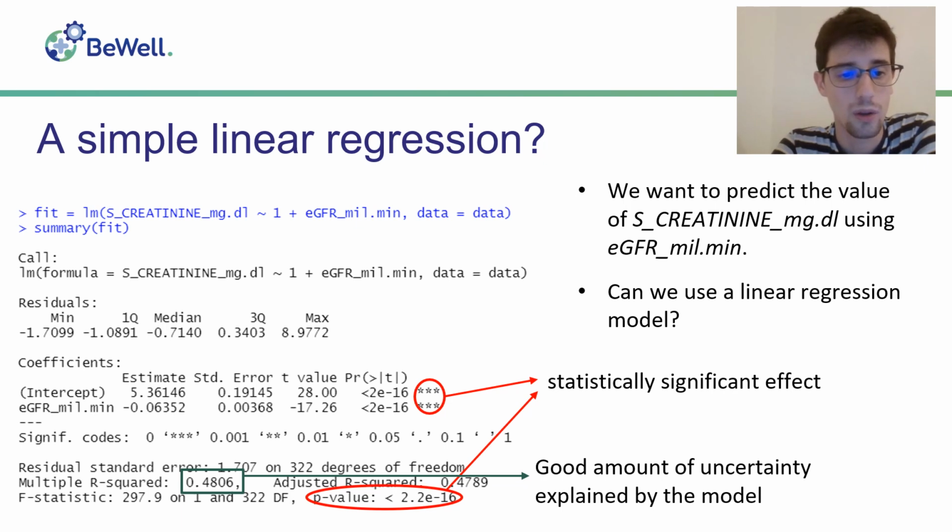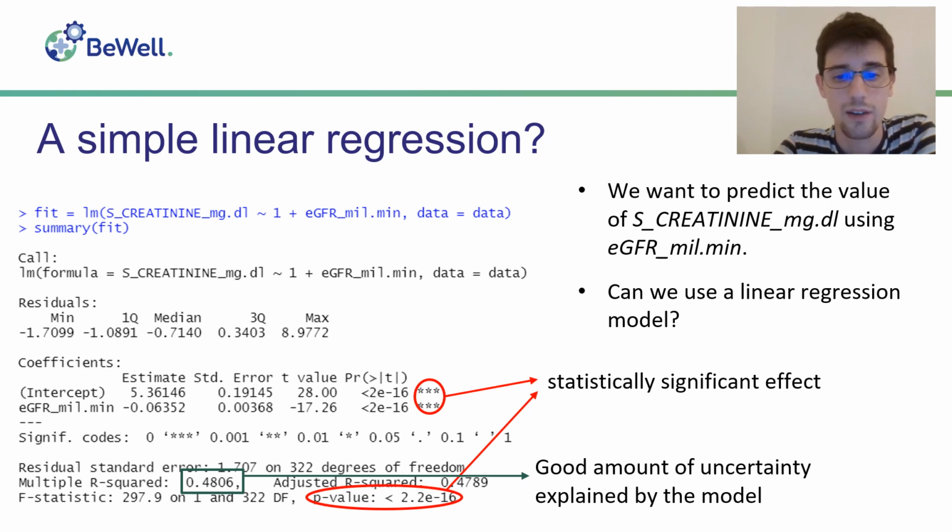If we only look at the metrics shown in this slide, everything seems to be fine. The p-values are basically 0, meaning that we have a statistically significant effect of eGFR to explain creatinine.